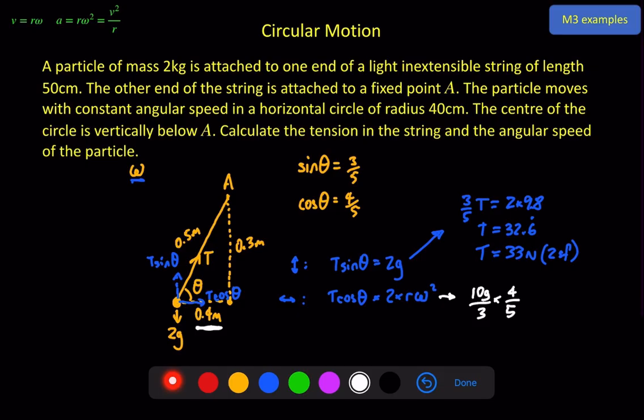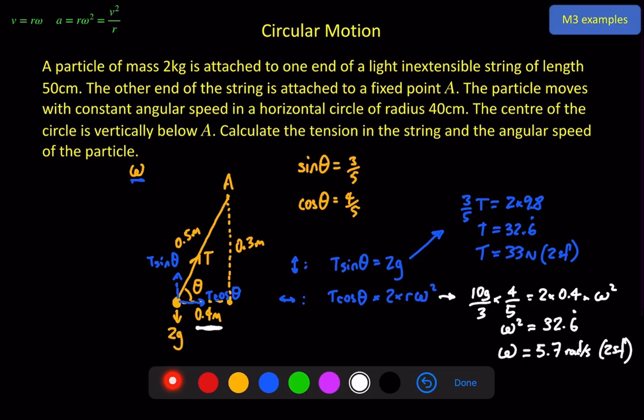Cos theta, 4 over 5, is equal to 2 times the radius, 0.4, times omega squared, and that gives us an omega squared of exactly the same thing, 32.6 recurring, but then we need omega, so let's square root that, and that gives me 5.7, that's radians per second. And again, two significant figures because I've used g is equal to 9.8.